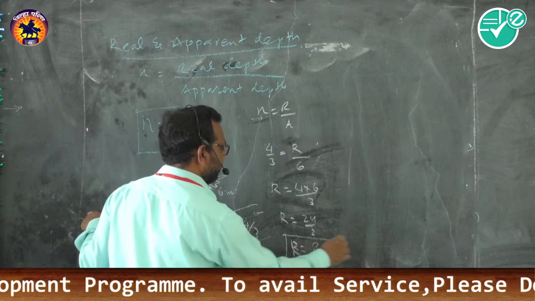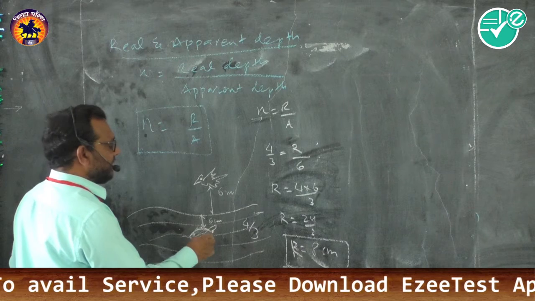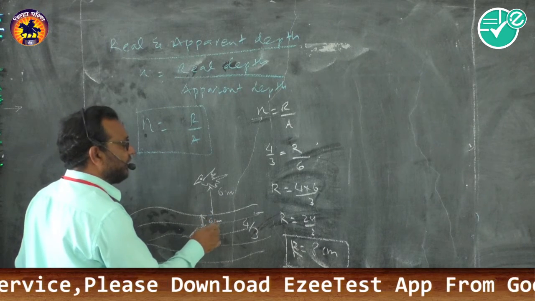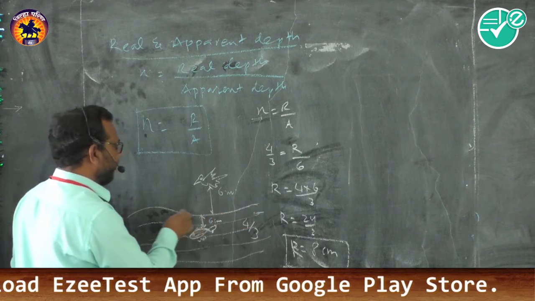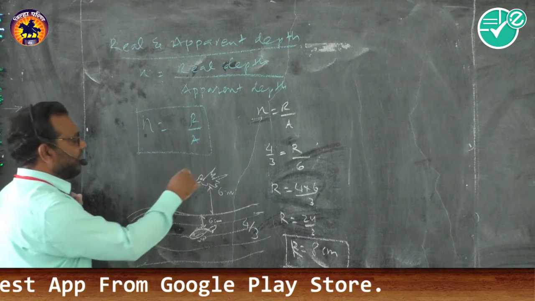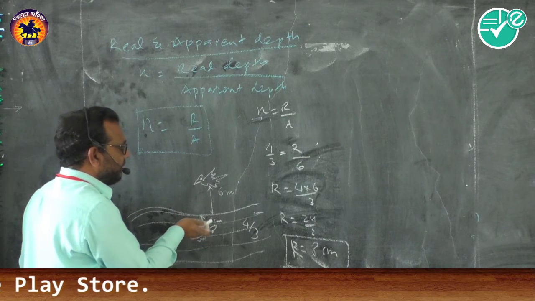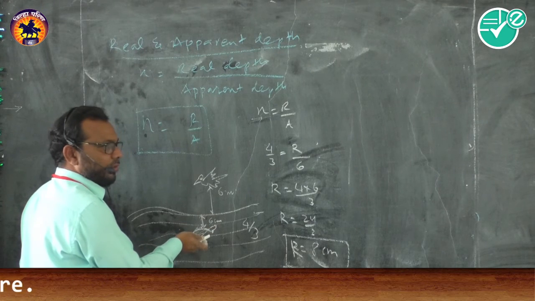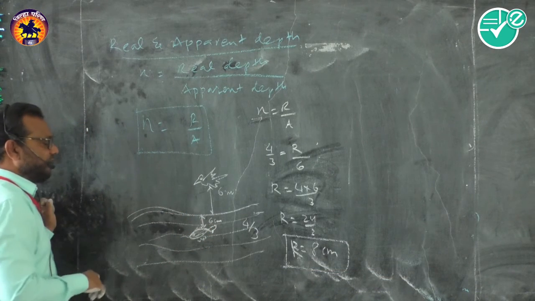So the real depth of this fish inside the water is actually 8 centimeter from the surface of water, but to the crane, it is looking just 6 centimeter below the upper surface of the water because of the refraction of light.